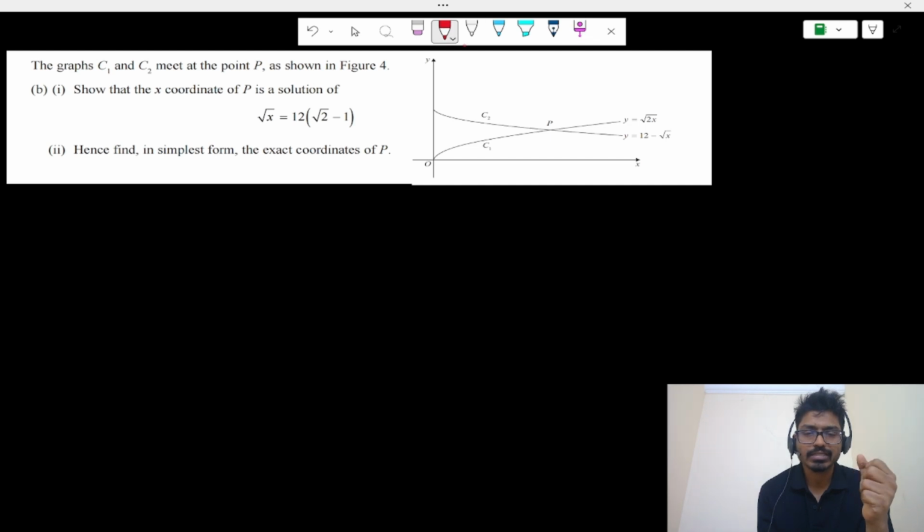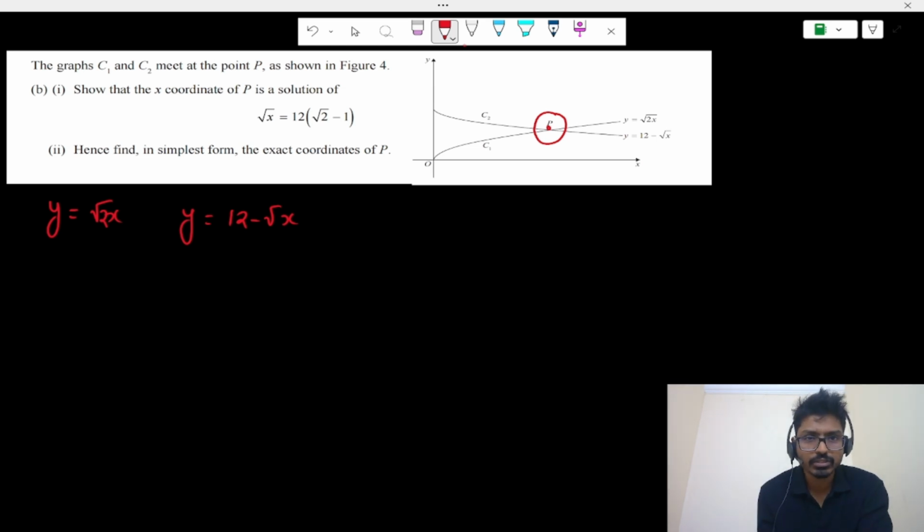Since the graphs meet at point P, we can equate both the equations. We know the given equation y equals root x, and the other transformation, y equals 12 minus root x. So now we are going to equate these two equations.